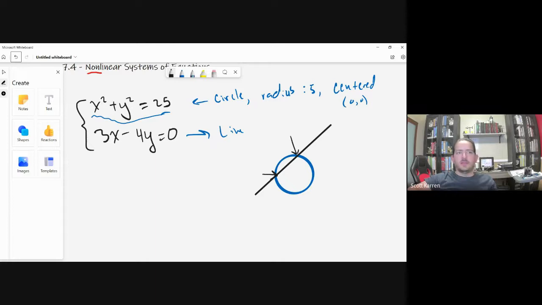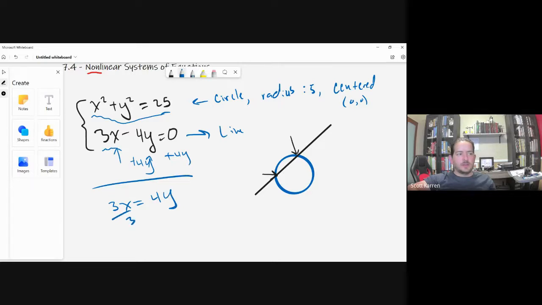But how do I go about solving this? Well, what I would do is solve the bottom equation for either x or y. It doesn't really matter which one, but I'm going to isolate one of those. Because this x is already positive, I'm just going to add 4y to both sides of this equation and isolate the x.